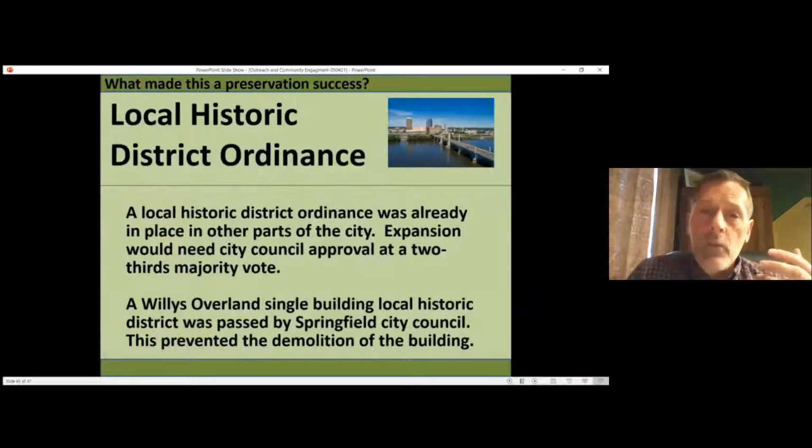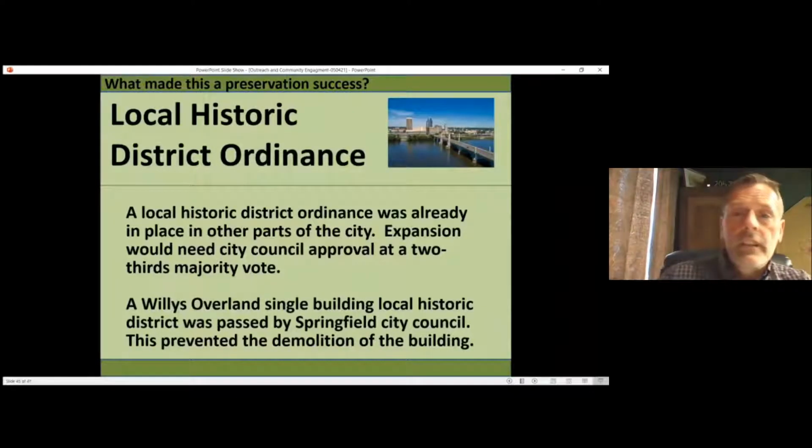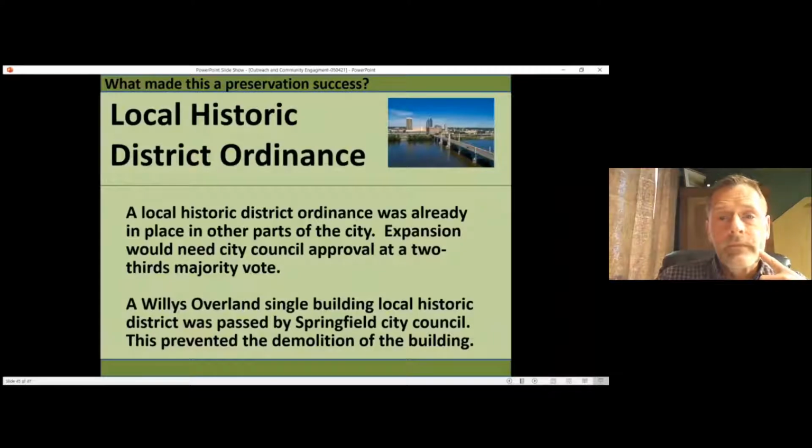Their option there was a local historic district ordinance. They had the ability to establish a single building local historic district on this building. If they did that, the building would not just be delayed, it would be permanently prevented from demolition.